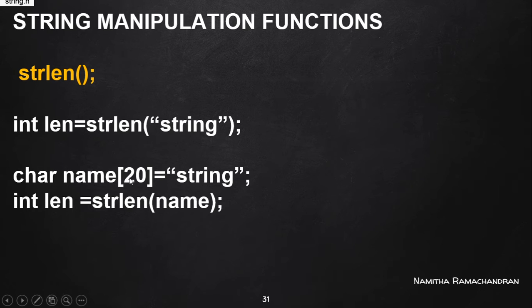This name character array has 20 bytes, of which 6 characters are stored, and at the 7th position it appends a null character to indicate the end of the string. So strlen of name also returns the string length 6, and that value is loaded into this integer variable.